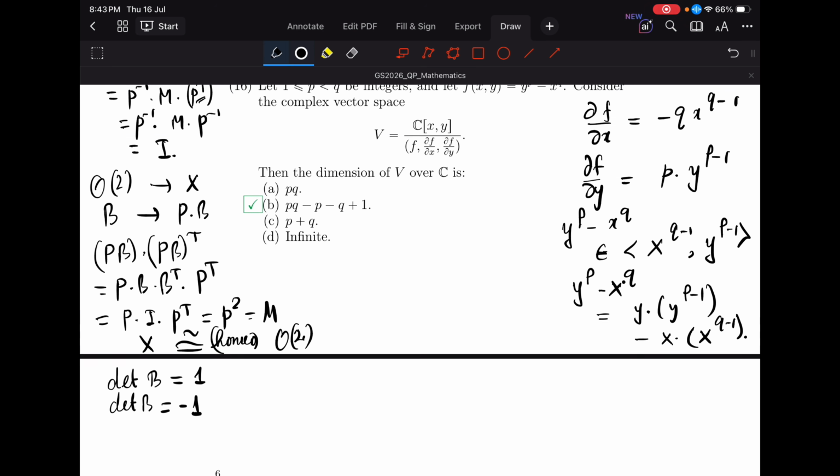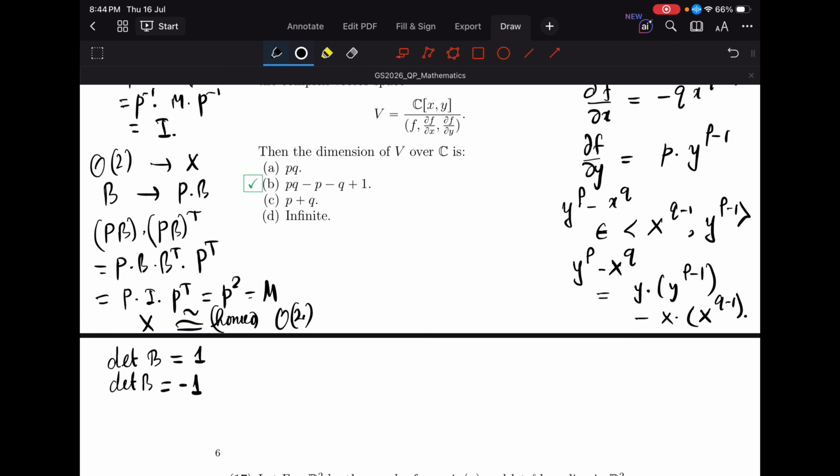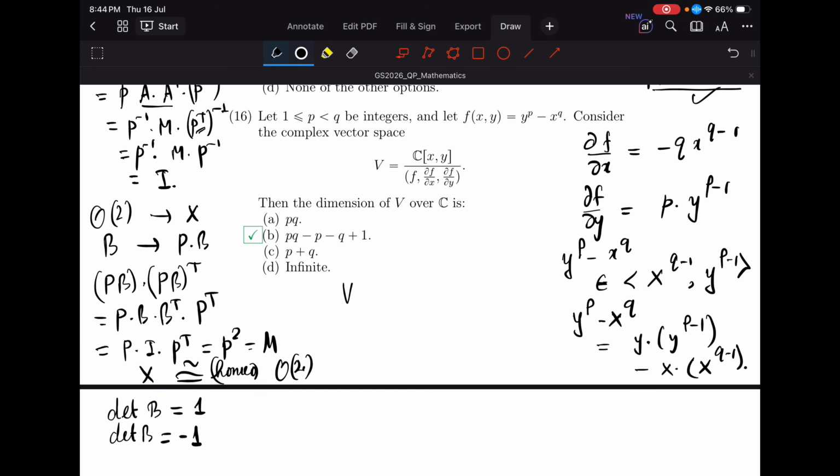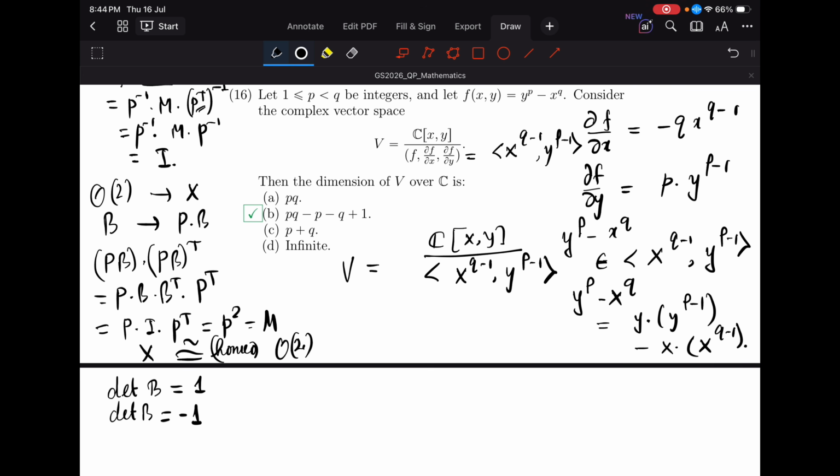So the given vector space is basically C[x, y] quotiented by x to the power q minus 1, y to the power p minus 1. That's enough, since this ideal is exactly equal to that one.